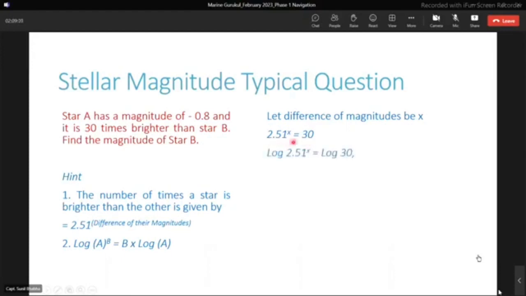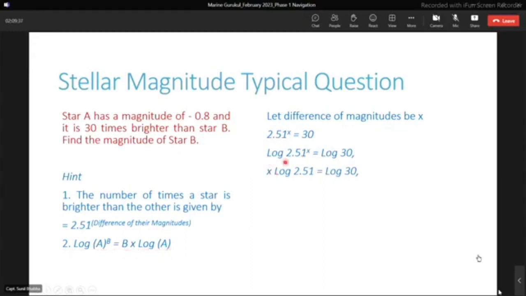Now we want to solve this relationship for x. So for this, what we do is we take a log on both the sides. So this gives us log of 2.51 raised to power x is equal to log of 30. Now applying the logarithmic formula which we saw, log of a raised to power b is equal to b multiplied by log a.